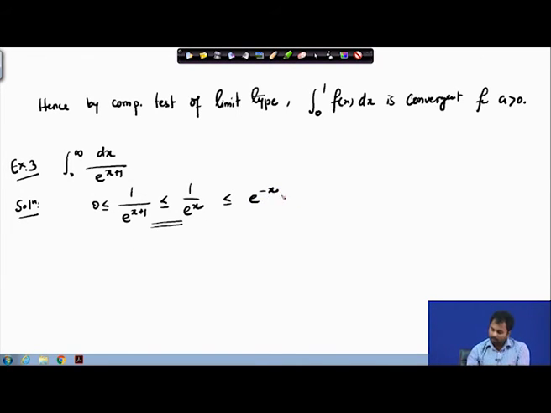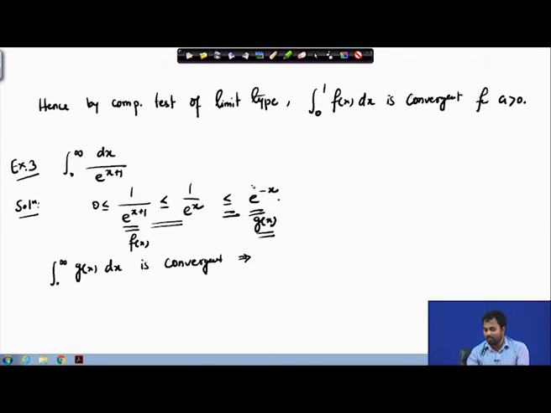Now, if I assume this as our function g x and this is our function f x, then all we have to check is whether this integral dx is convergent or not, from the comparison test of inequality type. Because we have got the inequality, all we have to show is that the integral of e to the power minus x is convergent, and it is very straightforward.